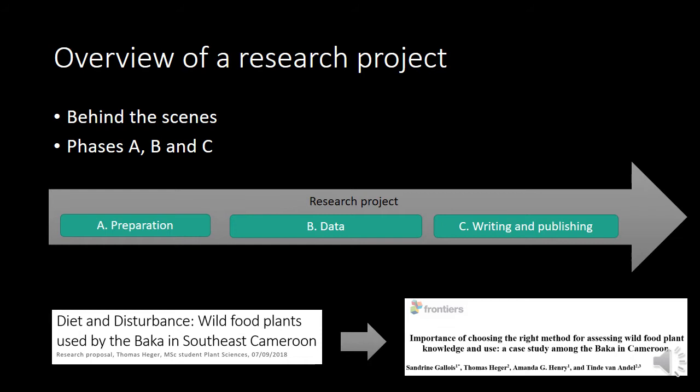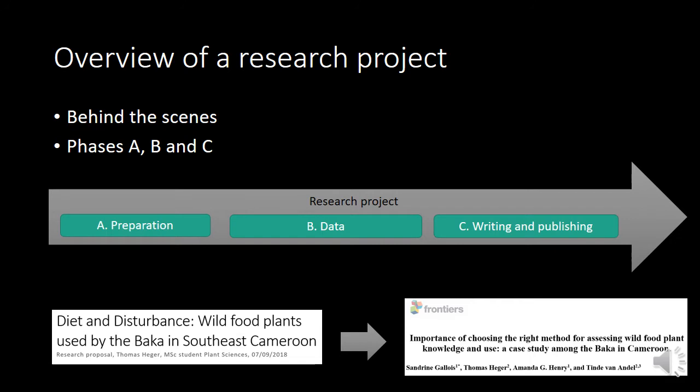So really, you see in the bottom left here the title of my research proposal, all the way back in September of 2018, in which I was really keen on looking at the disturbance in the Congo rainforest, and the effects that this had on the Baka diet.